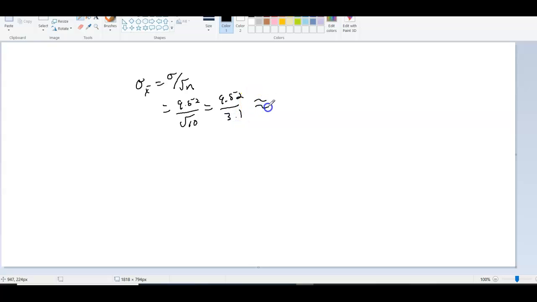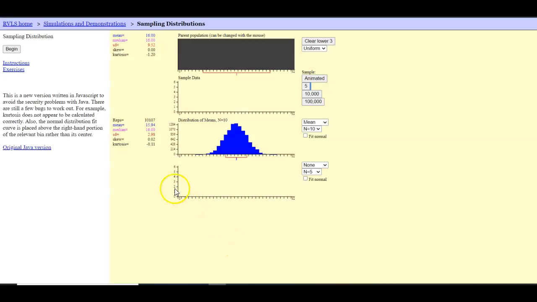You're going to get something in the neighborhood of 3 and a little bit of change, right? We could grab a calculator and get this, but we don't need to, because I can show you here that the standard deviation is right there at 2.98. That's the standard deviation of these sample means.